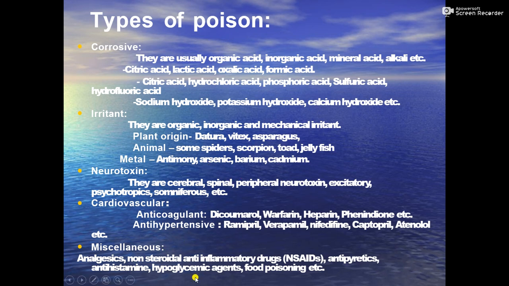The third one is neurotoxin. Neurotoxins are cerebral, spinal, peripheral neurotoxins, excitatory, psychotropics or somniferous, etc. Neurotoxins are those toxins which may directly affect your nervous system, like your cerebral area, your spinal, and maybe peripheral neurotoxins.